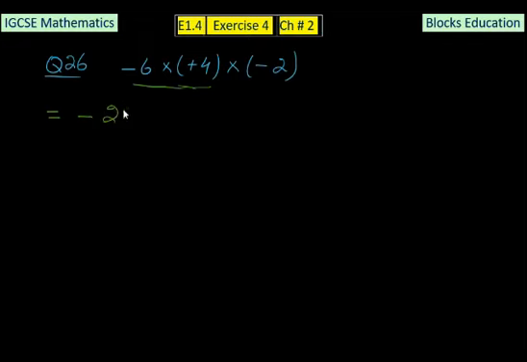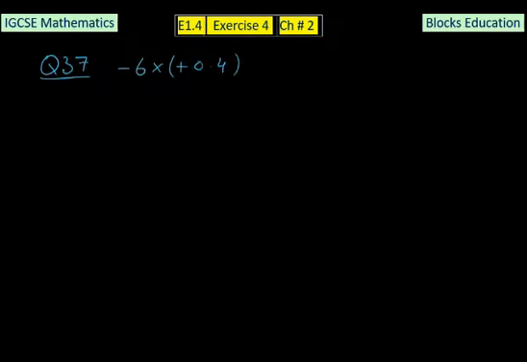So it is minus 24 multiplied by minus 2. Once again, it is multiplying two numbers, minus 24 and minus 2. Let's multiply the signs first. Minus multiplied by minus makes plus, and 24 twos are 48. So the answer is plus 48.